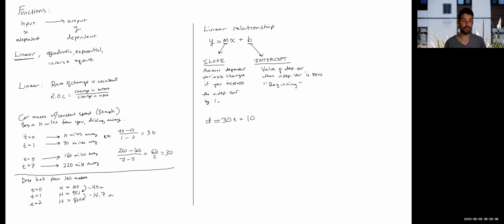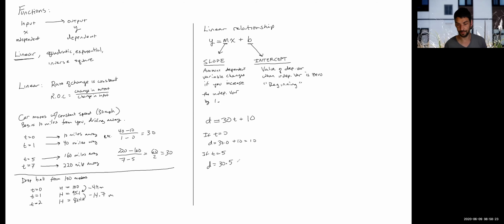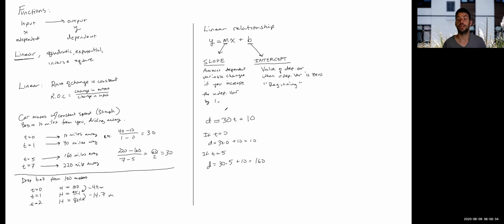And so this is how I was computing these numbers over here. If t equals 0, then d equals 30 times 0 plus 10, or 10. If t equals, let's say, 5, then d equals 30 times 5 plus 10, or 160. So that's how I was able to compute these numbers over here. Okay, so that's what a linear function looks like algebraically.